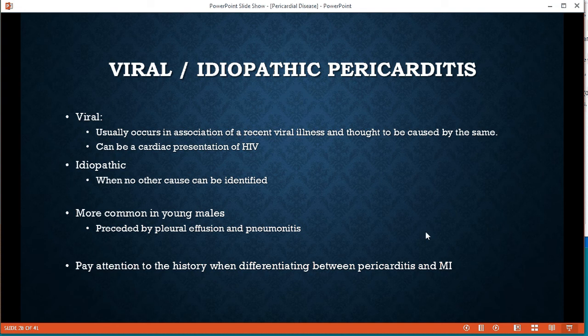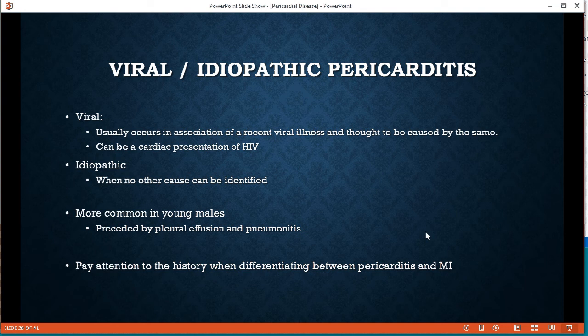MI is going to be your sudden onset of chest pain, and we talked about this early on when we started talking about pericarditis. Whereas pericarditis usually comes on related to some other condition.